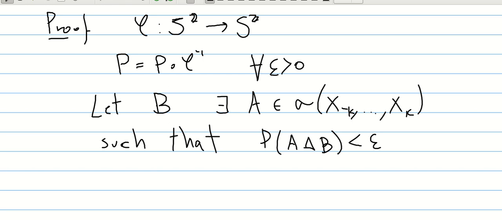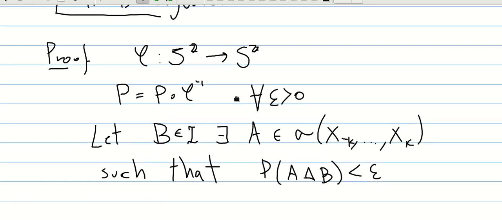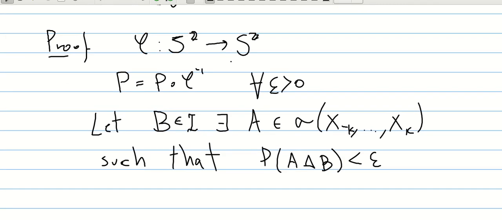And this B here, we are going to take as an invariant event, because we're trying to show ergodicity, right? So we want to show that the probability of this event is 0 or 1 for every invariant event. So take an invariant event, we can approximate it by something that only looks into finitely many coordinates.